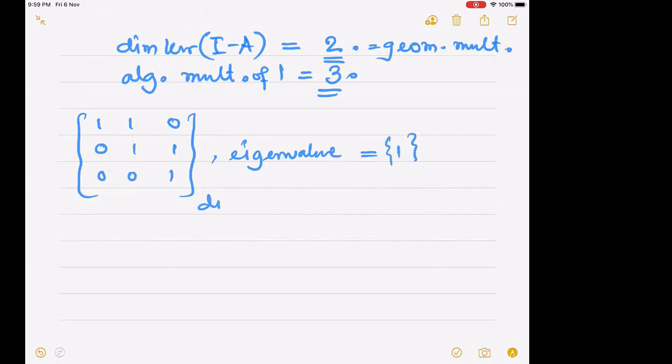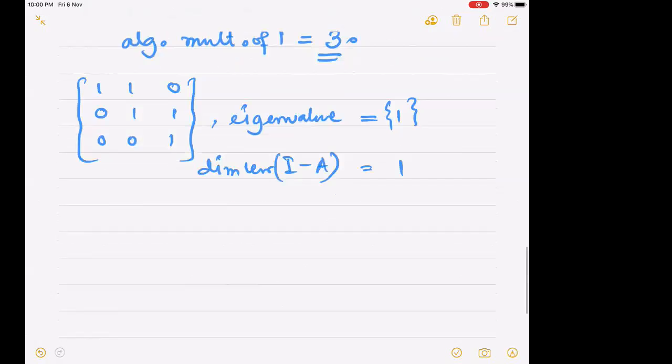However, the dimension of the kernel of identity minus A in this case is just 1, which is the geometric multiplicity. However, the algebraic multiplicity once again is 3. So once again there's a mismatch, so it's not diagonalizable. There are not enough eigenvectors.